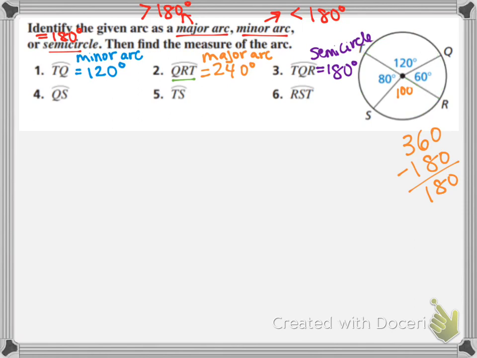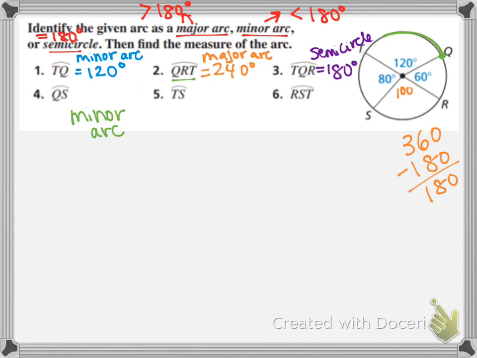All right, QS. Again, this is two letters, so I already know this is a minor arc, so it needs to be less than 180. So Q towards S. Some people would struggle with knowing which direction to go. Again, you want the number to be a minor arc, so it has to be less than 180.